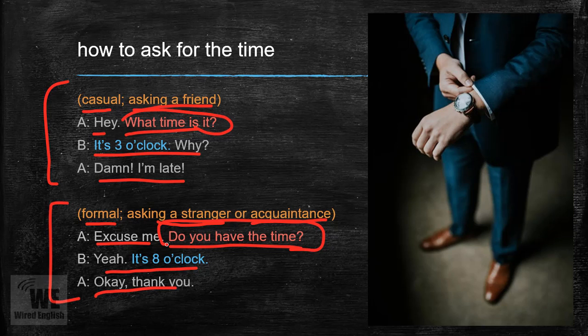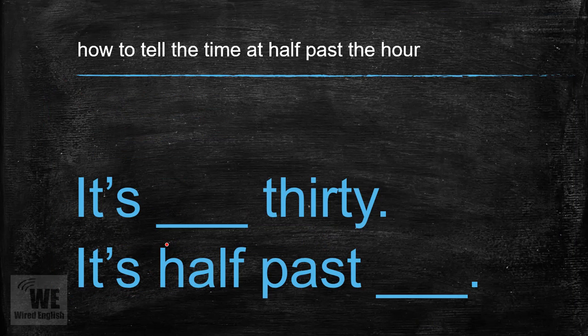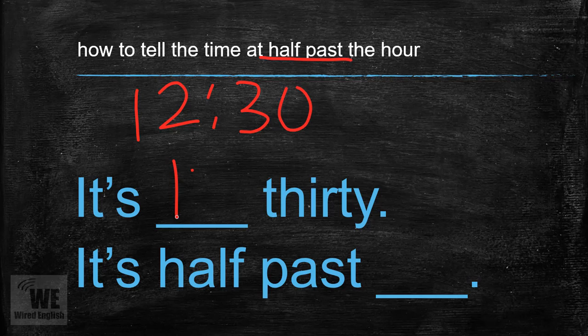All right, so let's look at how to tell the time at half past the hour. So for example, something like this. Well, the easy way to say it is it's 12:30. The other way to say it is it's half past 12.